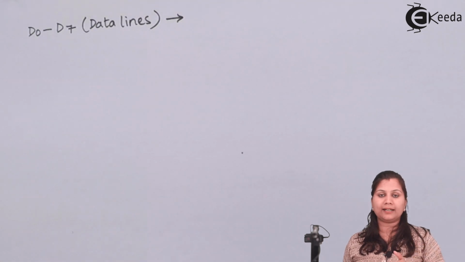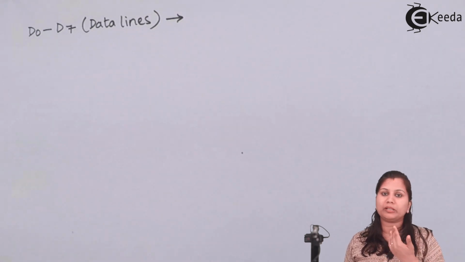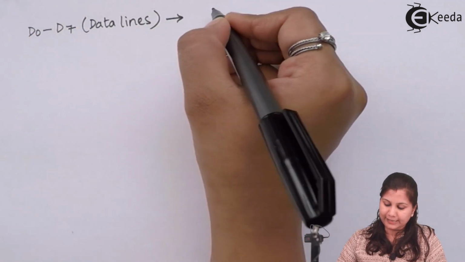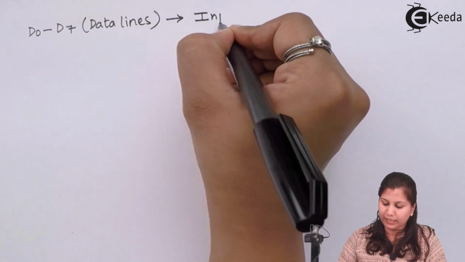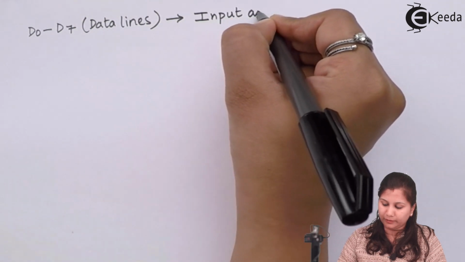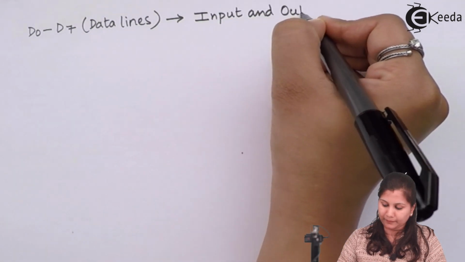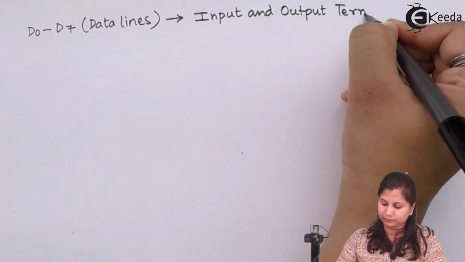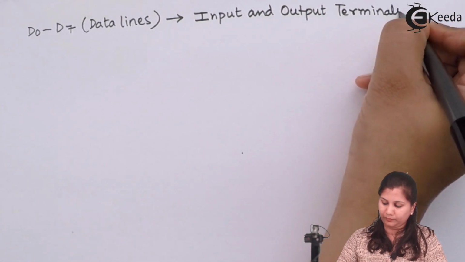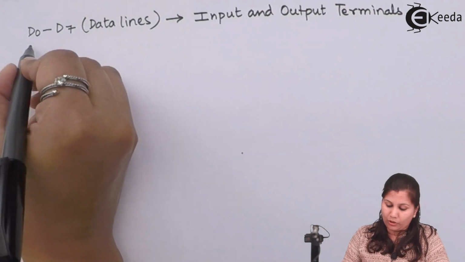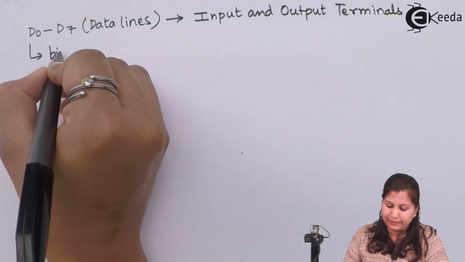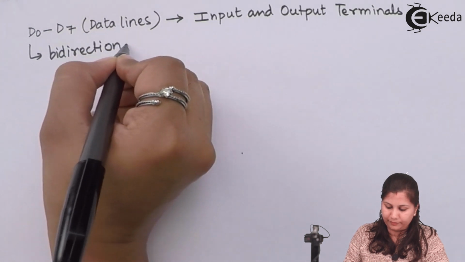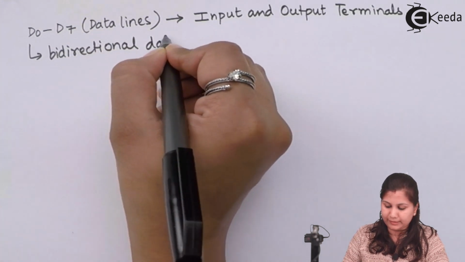That means that data can be received and can be transmitted. So we can say that the data lines are both input and output terminals, or we can say that this is a bidirectional data bus.